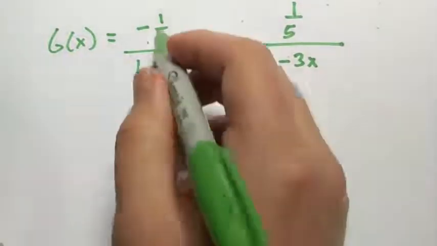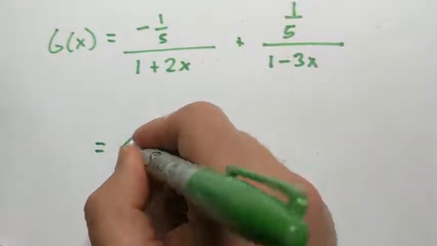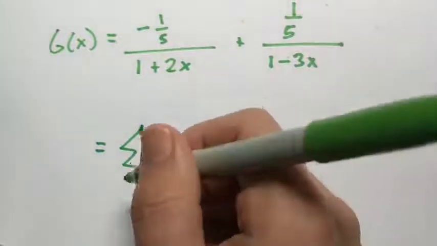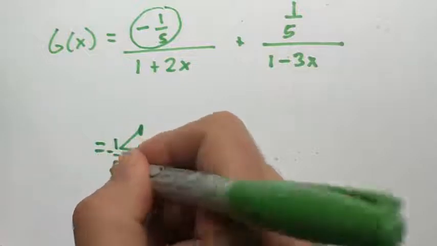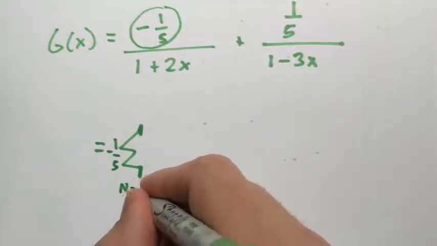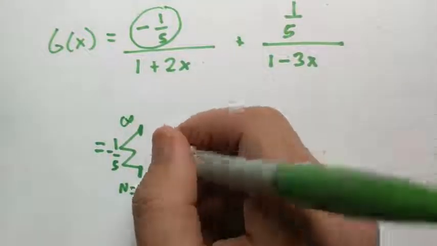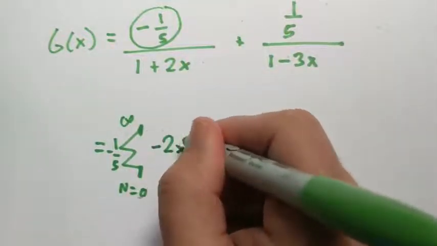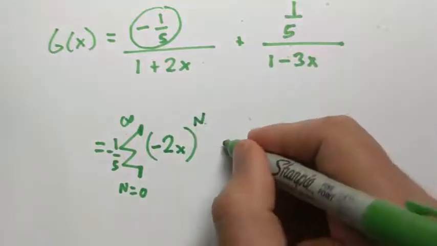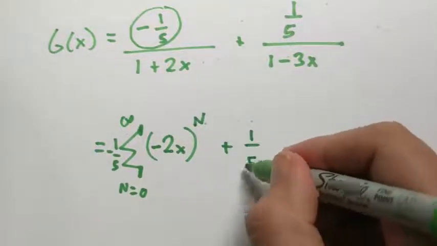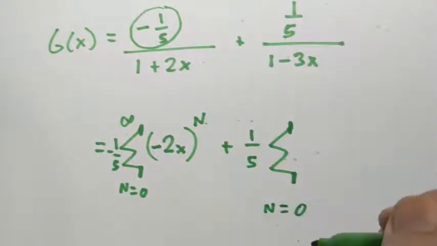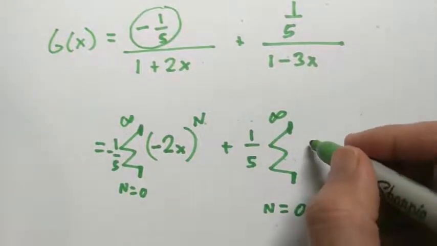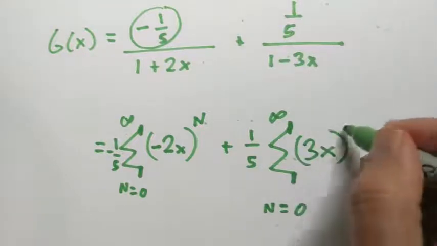And we know what these expressions are. This is the sum. So I can pull this negative 1/5 out front. It's negative 1/5 times the sum from n equals 0 to infinity of negative 2x to the n, plus 1/5 times the sum from n equals 0 to infinity of 3x to the n.